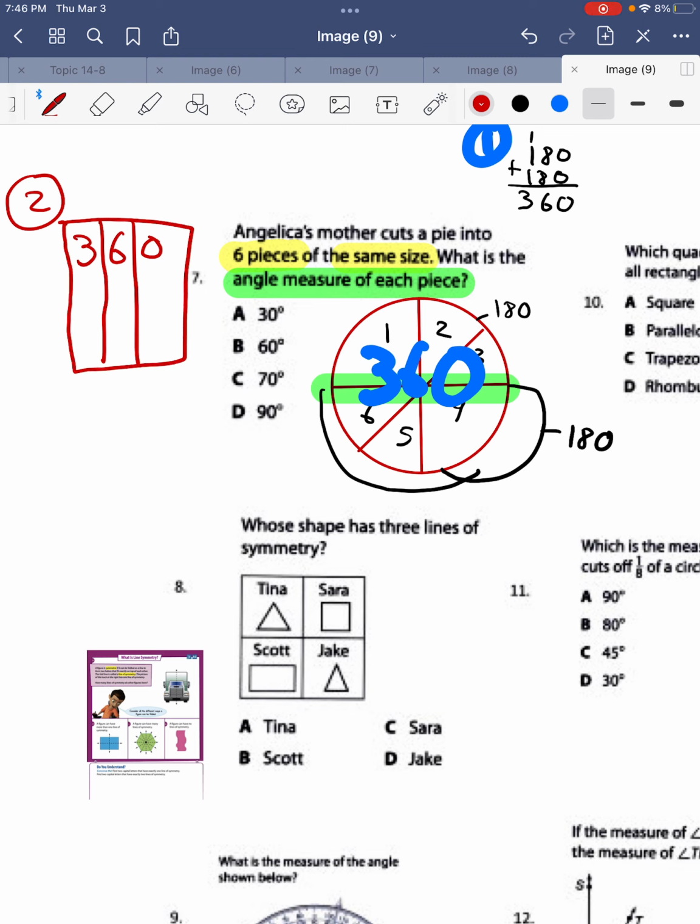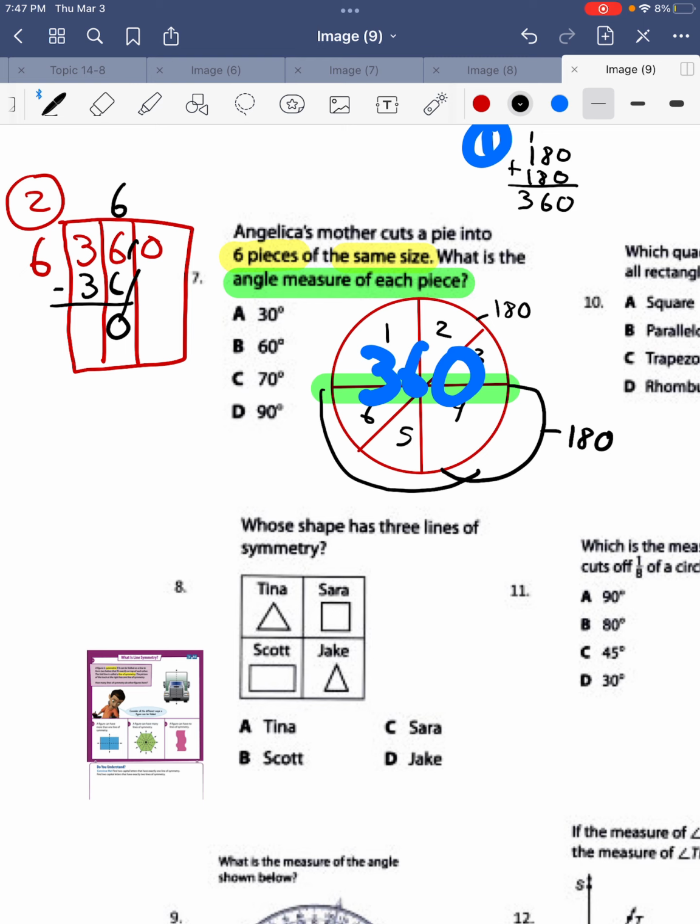We put our 6 on the side, and we ask ourselves, how many times can 6 go into 36? Well, actually, first, how many times can 6 go into 3? It cannot. 6 is too big. So now I ask myself, how many times can 6 go into 36? 6 times. So I'm going to put 6 on top of my 36. 6 times 6 is 36. 36 minus 36 is 0.